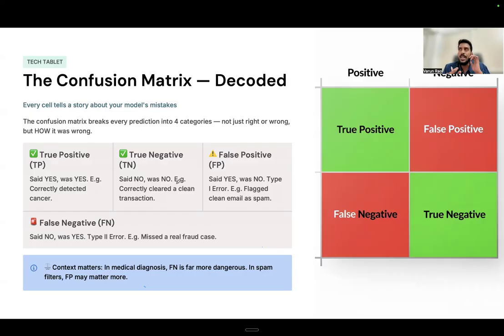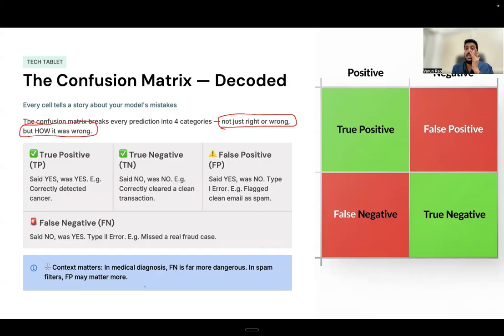A confusion matrix gives us the values of how good a model is, and it tries to break the prediction into four categories. And it's not just right or wrong, it also talks about how it was wrong, right? Here you can see we don't just understand if it is right or wrong, we try to understand how it was wrong.